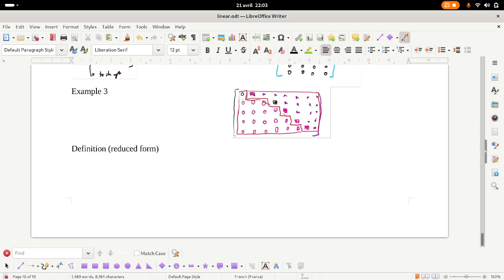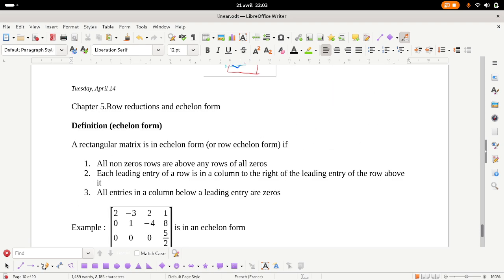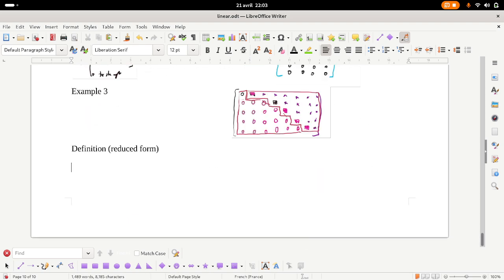So the matrix is already in echelon form, and we add two rules.